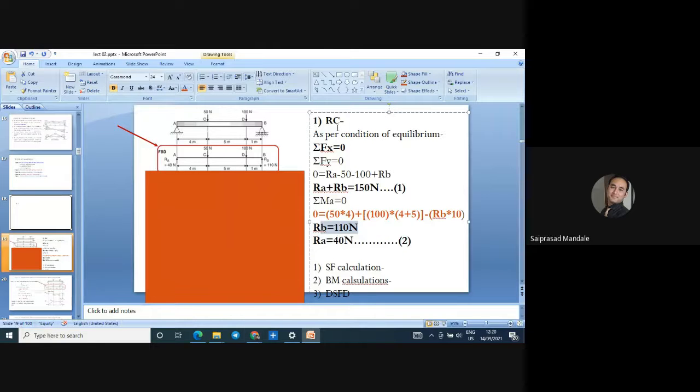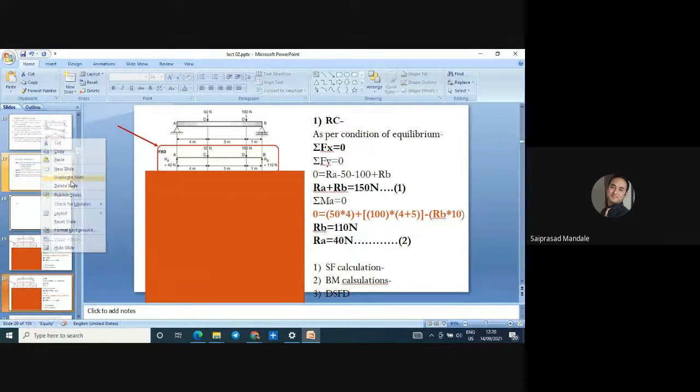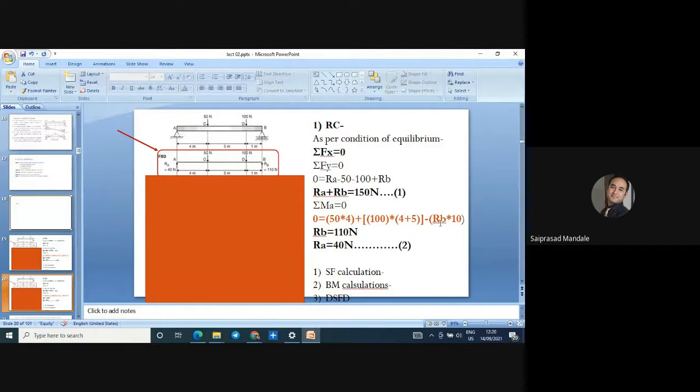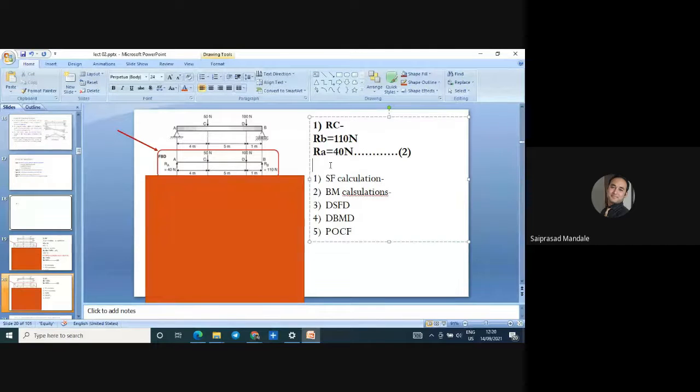This was step number 1. Now we are moving to step number 2. From step number 1, what have we calculated?